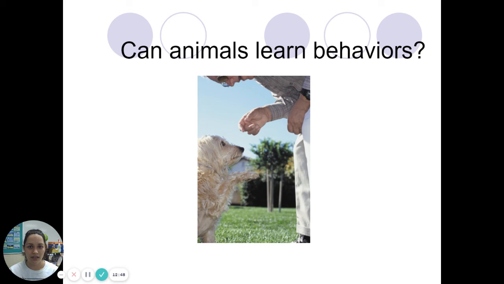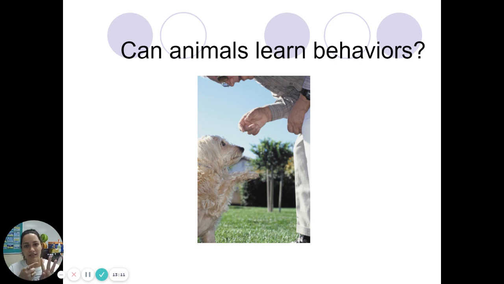Now, I have a question for you. Can animals learn behaviors? All right, if you said yes, you are correct. Animals can learn behaviors. Think of dogs. For example, my dog, June, she's an Australian Shepherd. She's a blue merle Australian Shepherd, and I've had her since she was a puppy.